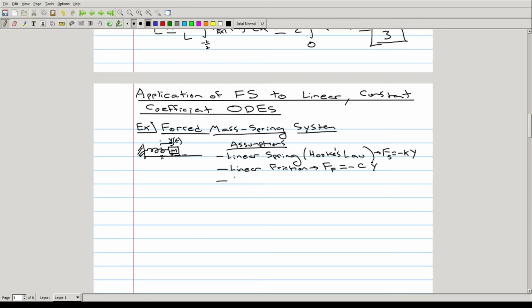And lastly, we'll assume that we have some forcing function capital F of t.